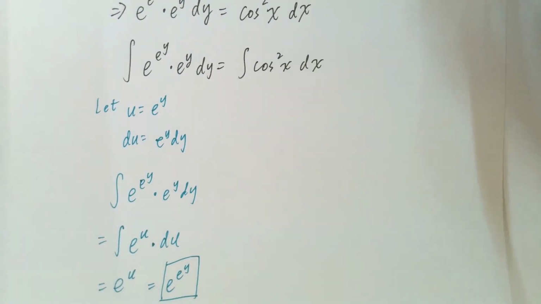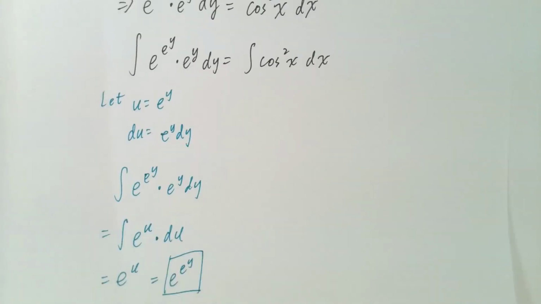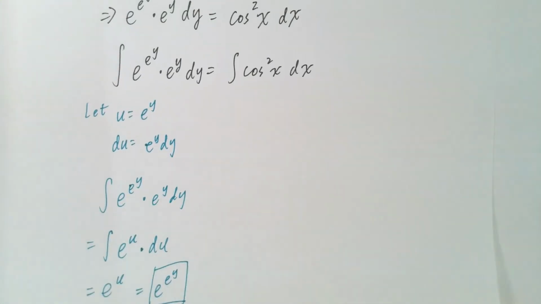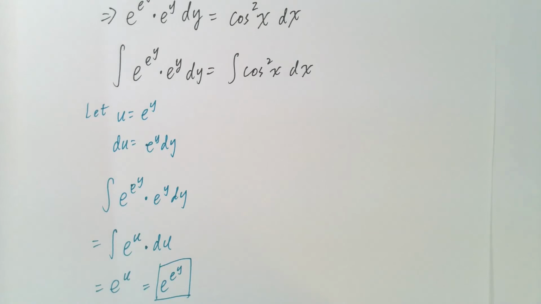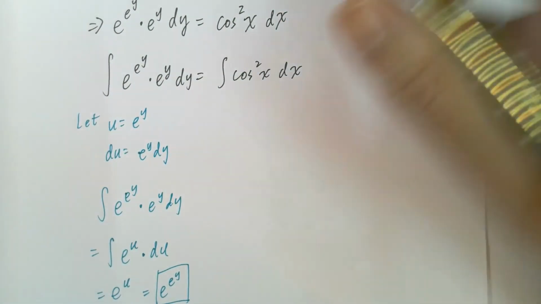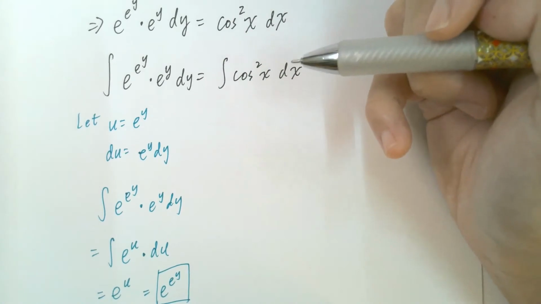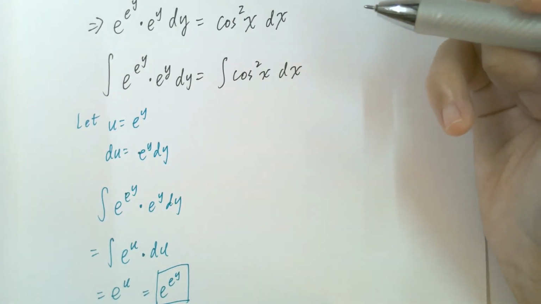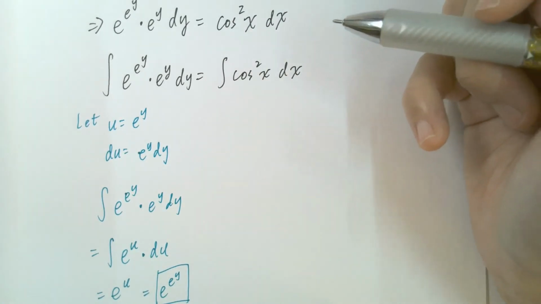On the right-hand side, what can we do? We have to recall our fabulous identity, don't we? So if you take a look at your data booklet, you can find the identity here, because whenever we see any square of cosine or sine, we've got to change it into a double angle because it's much easier to deal with that.